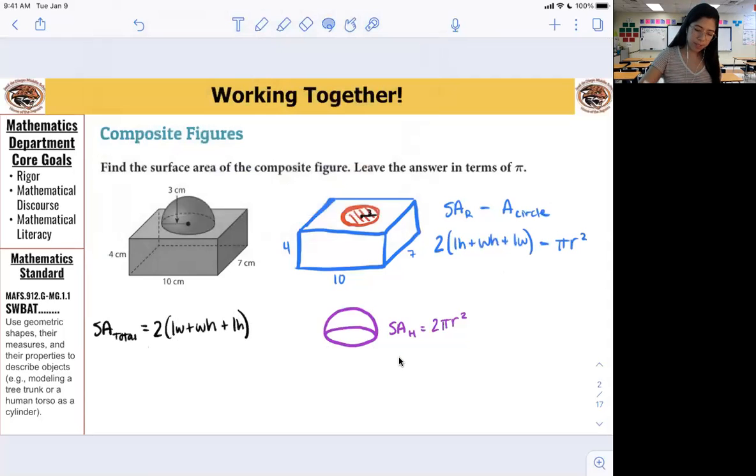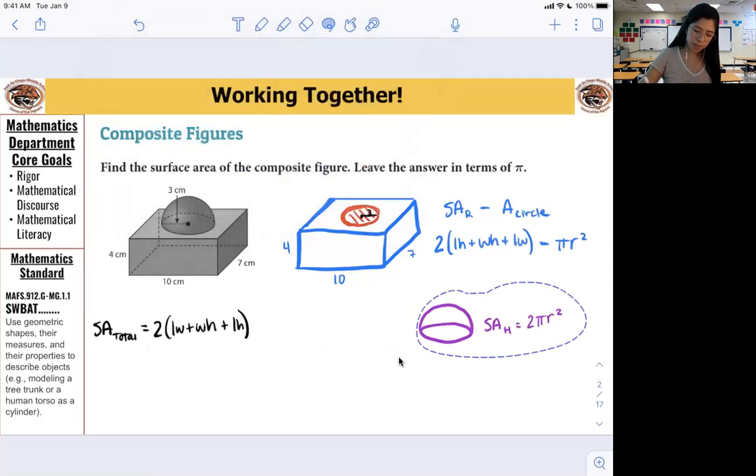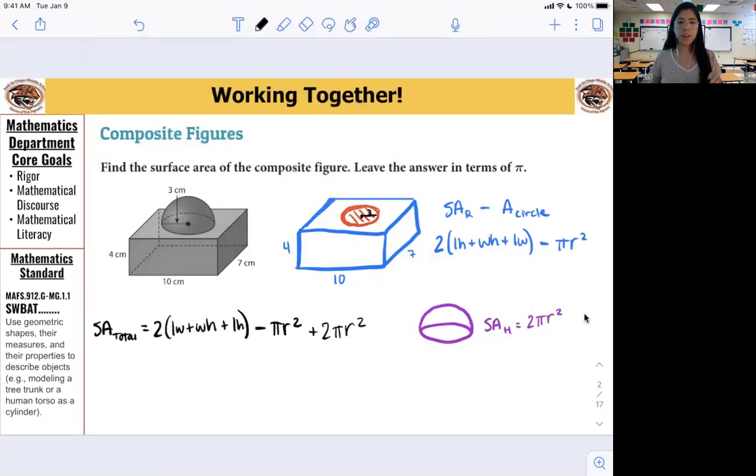So rectangular prism minus the circle, so minus pi r squared, plus 2 pi r squared. Cool. Is there anything I can simplify?